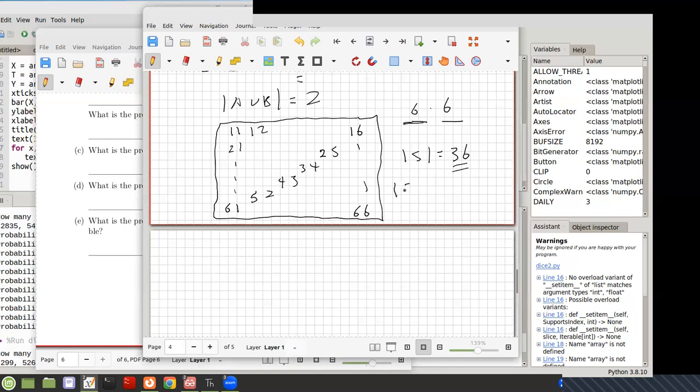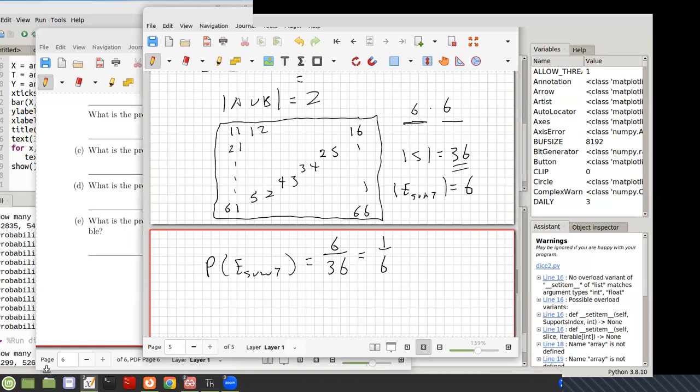So the event that I get a sum of 7 has 6 outcomes, right? So the probability that you get a sum of 7 is going to equal 6 over 36, which equals 1/6.